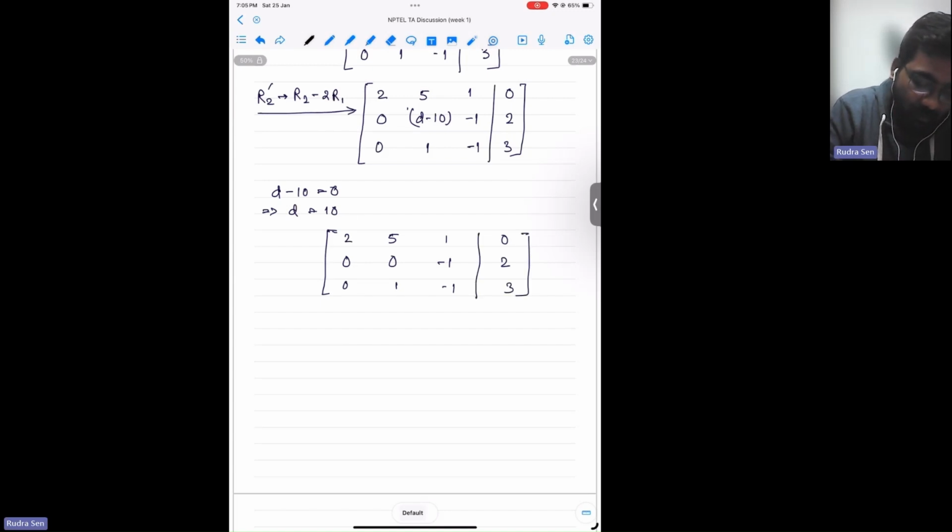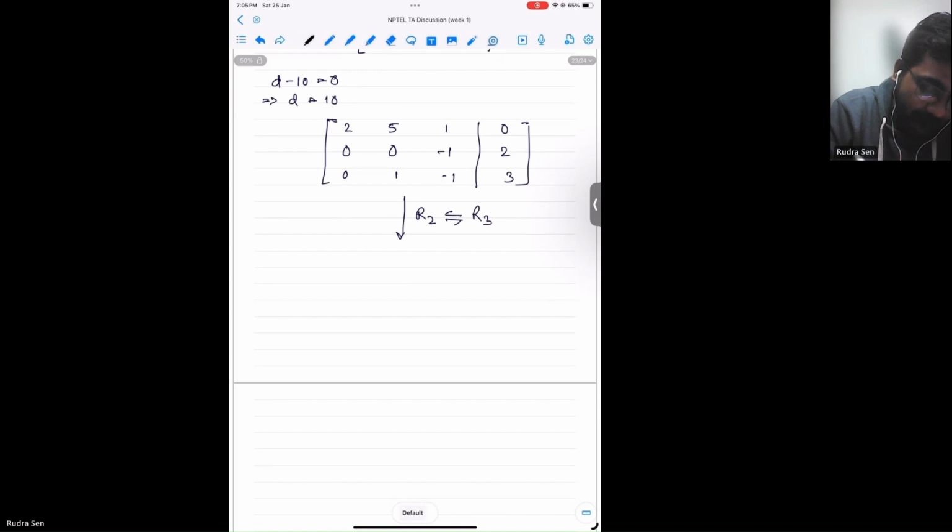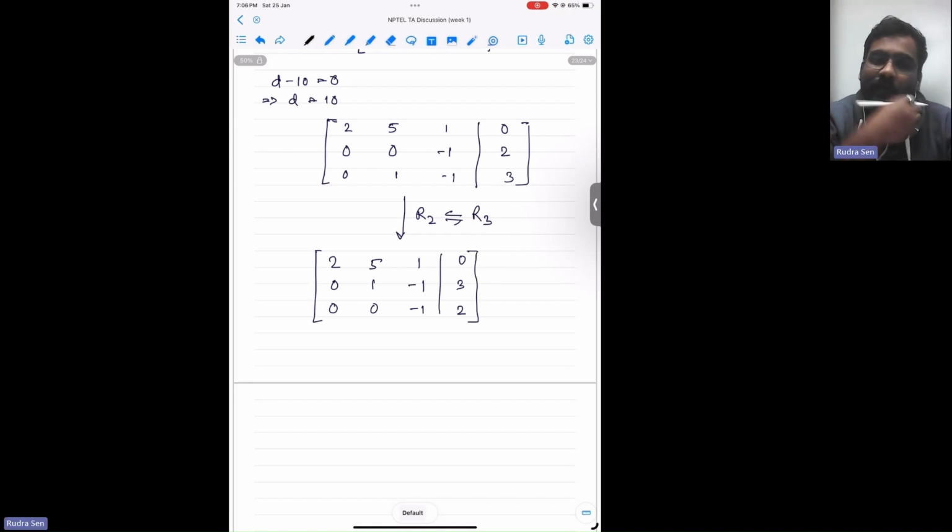After that, we need to exchange rows. Okay, so the value of d should be 10, which forces us to exchange the rows.